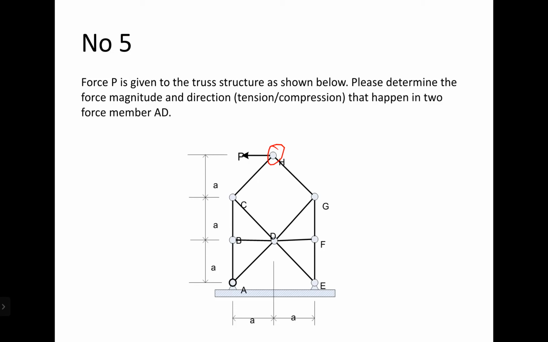All the angles here are 45 degrees. So at joint P, you can solve for this one. Using the joint method, there will be P, this one is FCH, this one is FGH.